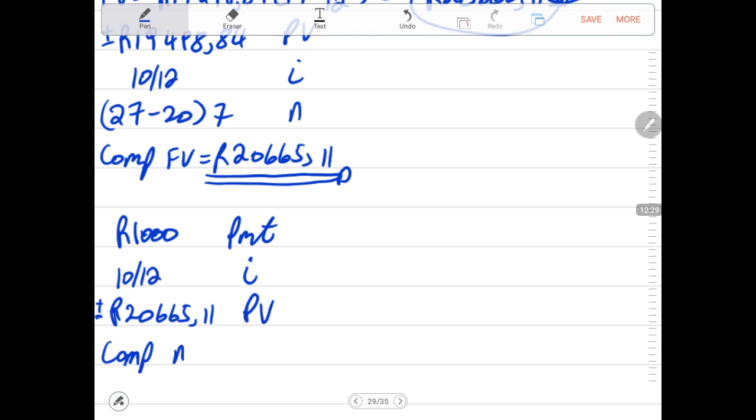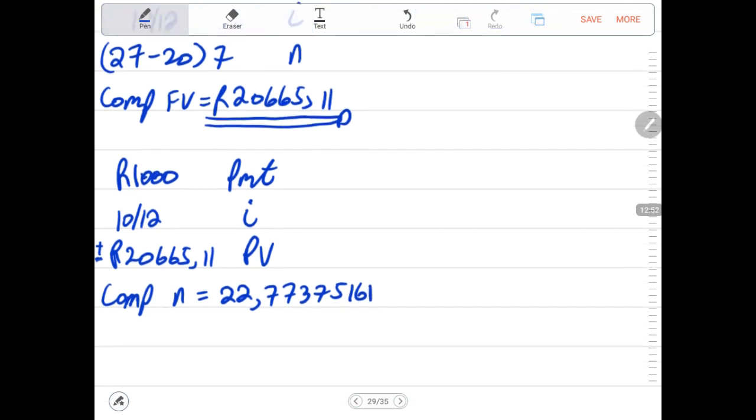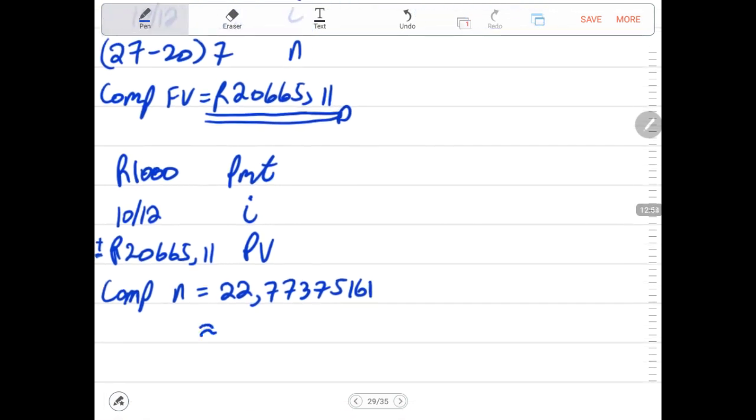We have 10 divided by 12 as our interest. And what are we calculating? We are calculating our n, and our n is equal to 22.7375161. So in other words, this is equivalent to 23.